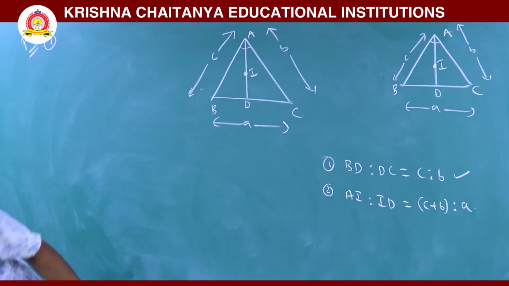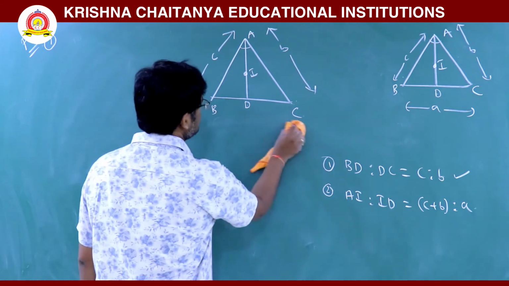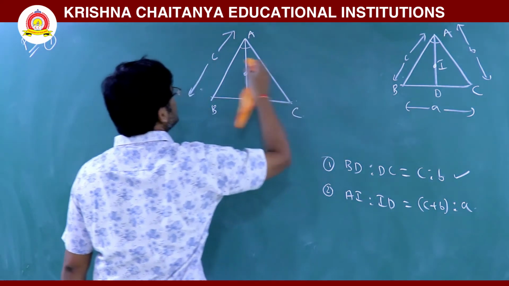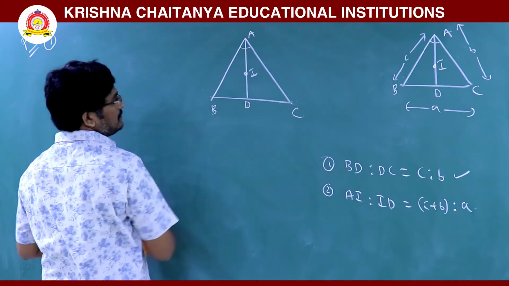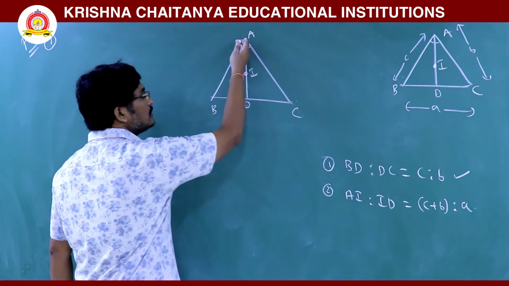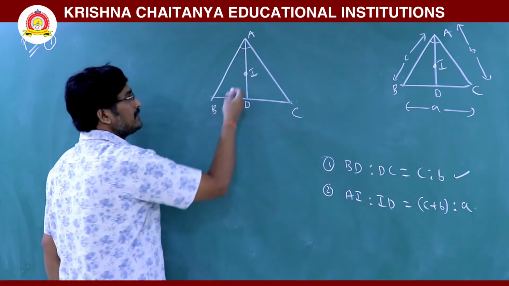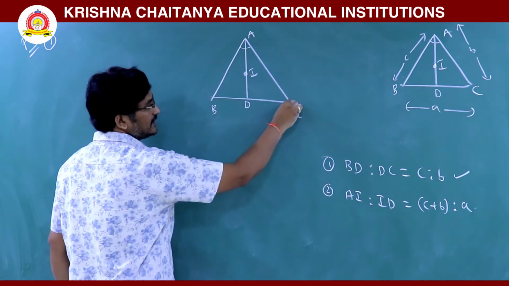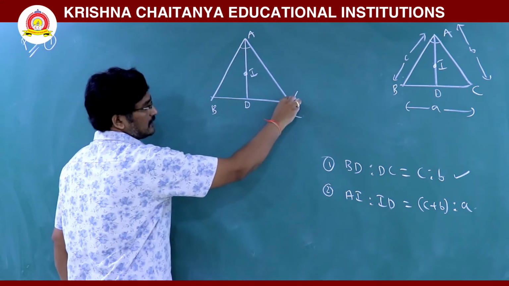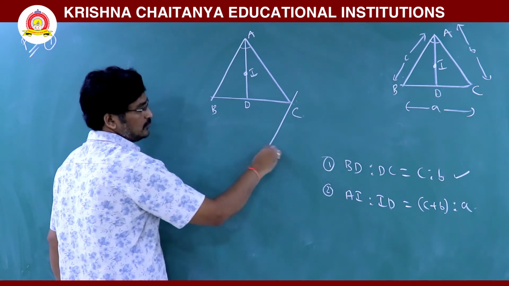For this, listen carefully. First I am drawing a parallel line to AB through C like this. This is the construction to prove this.